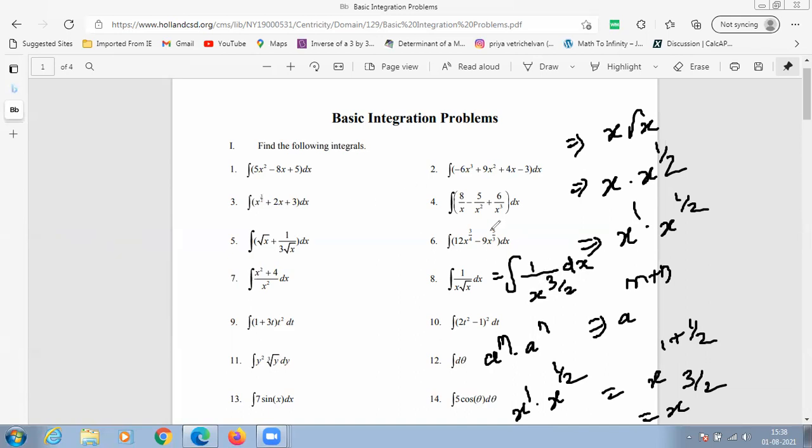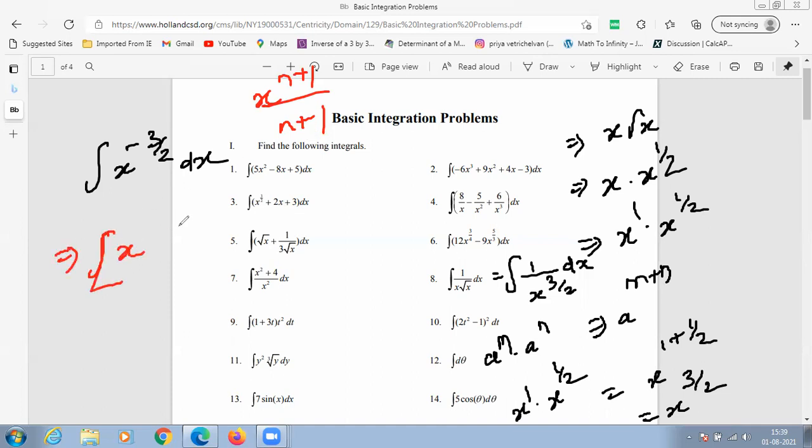So this 1 divided by x power 3 by 2 can be written as x power minus 3 by 2 dx, right? When I take the denominator term to the numerator, the sign of the power will get changed. So again, I'm going to use the same power rule. Power rule means raising its value by 1. After the integration, you have to remove the integral symbol and dx; you have to discard them.